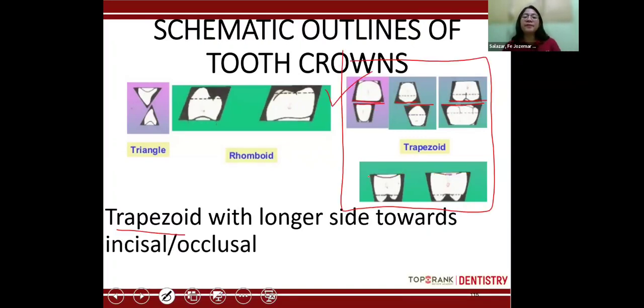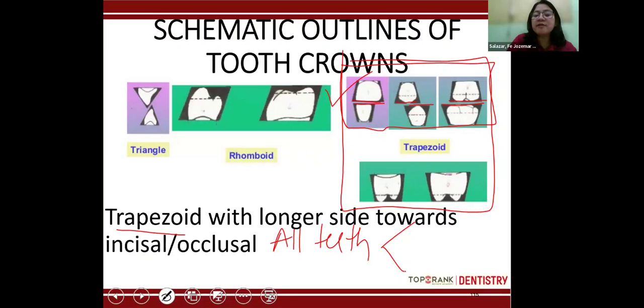Now, ano yung trapezoid with the longer side towards incisal or occlusal? All teeth. Okay, what view? All teeth from facial or lingual view. Yan, lahat sila. Anteriors, posteriors, basta facial at lingual, trapezoid.